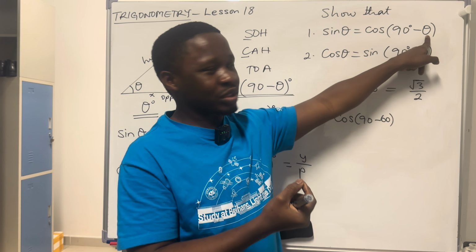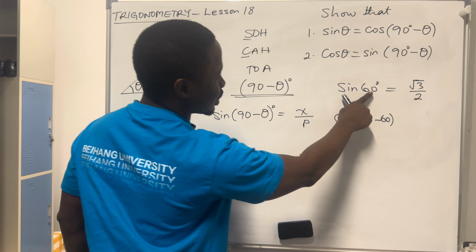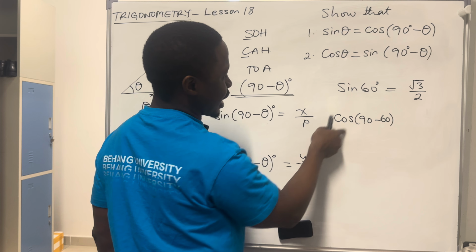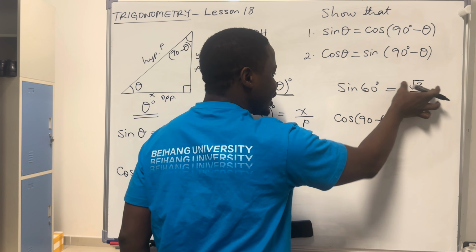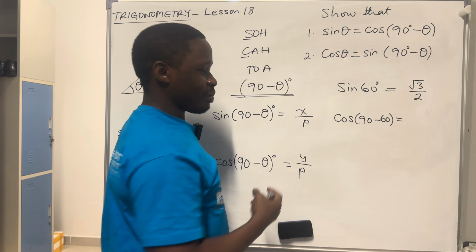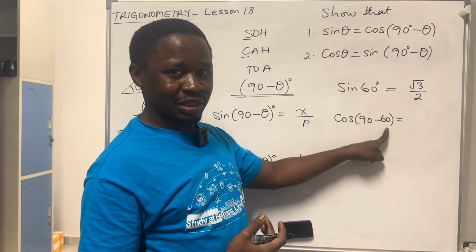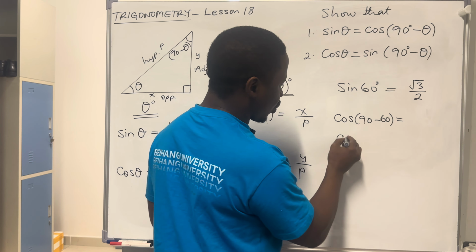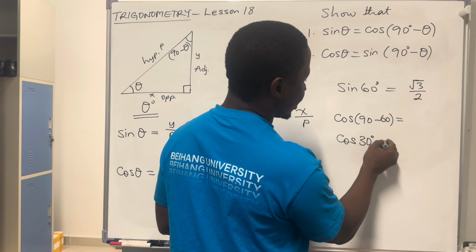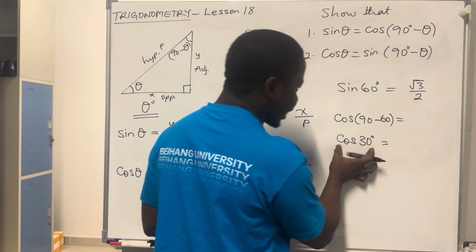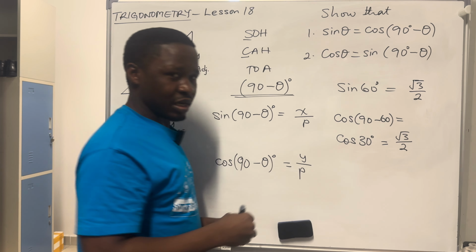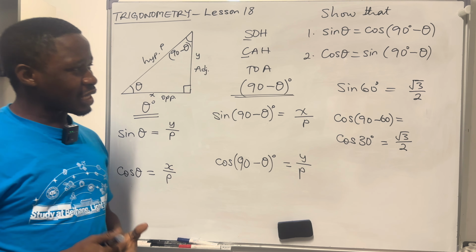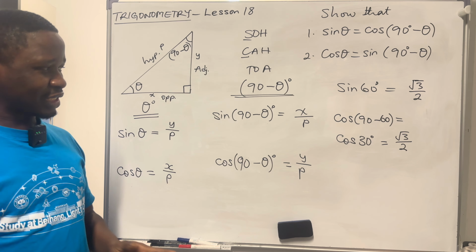Theta after the minus was sine cos. So you will notice that what this one gives is the same thing this one is going to give. What is 90 minus 60? Is 30. So cos 30 degrees tells you that cos 30 will also give you root 3 over 2. I hope it is clear.